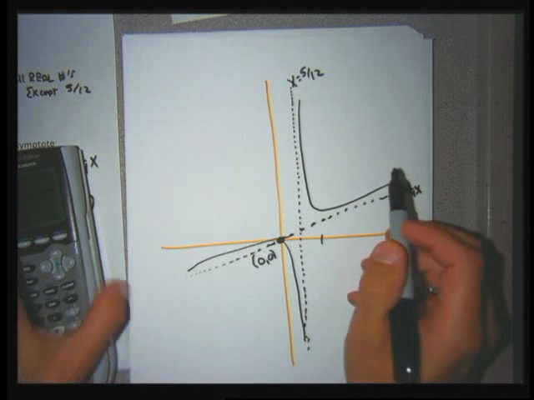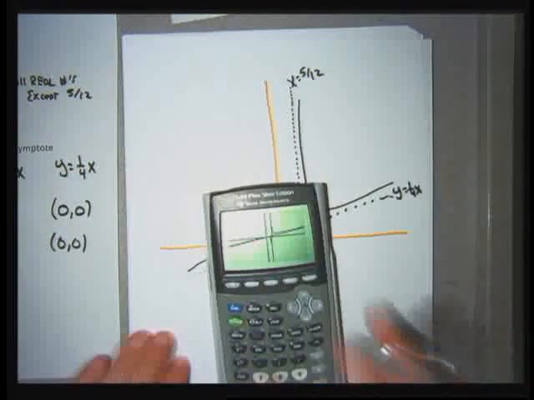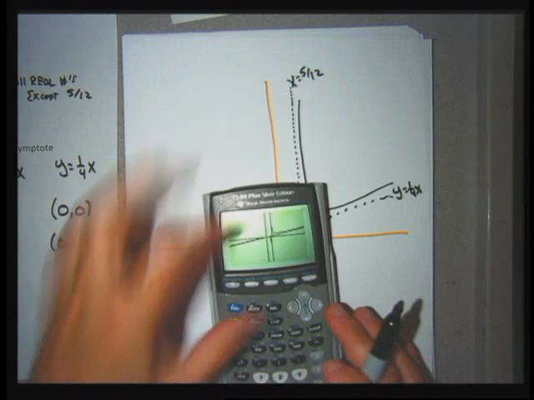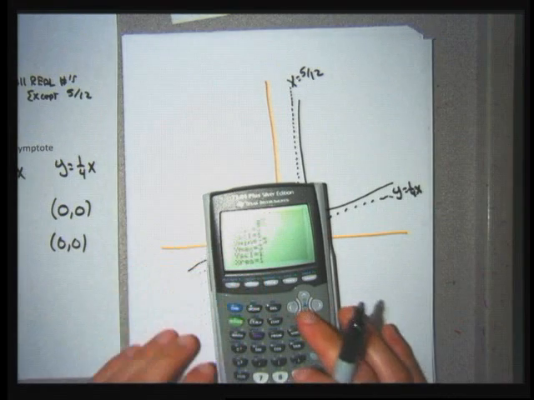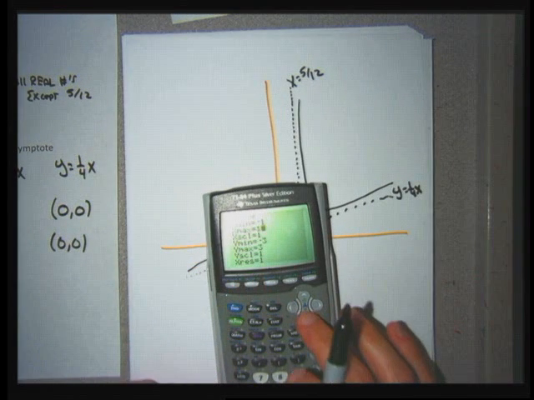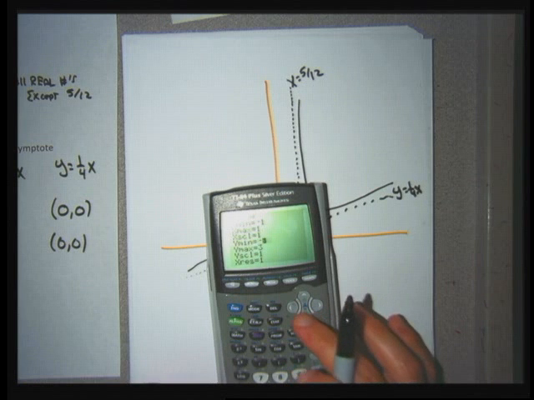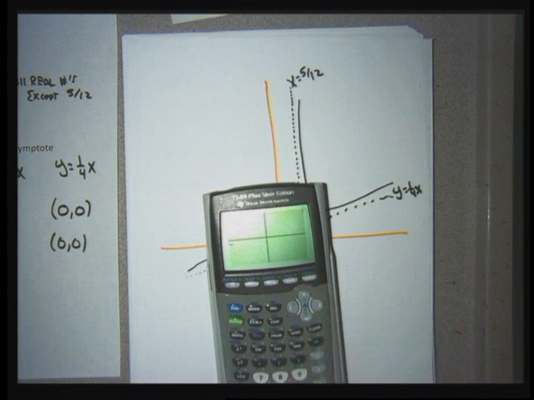I think this is a reasonable copy of my calculator's graph. If I made the window even tighter, like maybe go to the 1s on my x's and my y's, I might see a picture that I'm happier with. Maybe I won't, it's hard to say. I don't know that that's noticeably better, maybe it is.